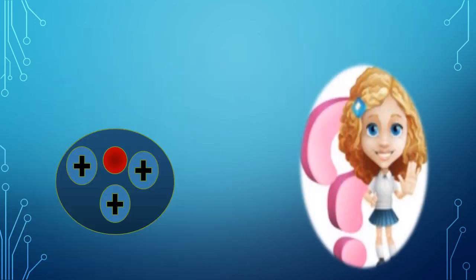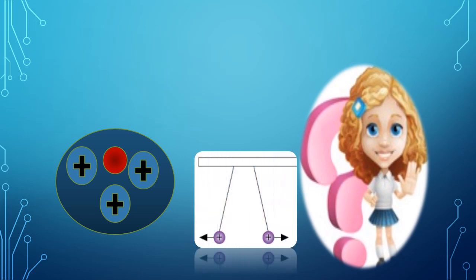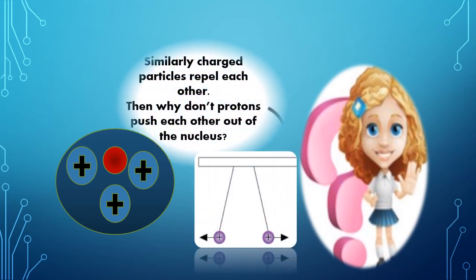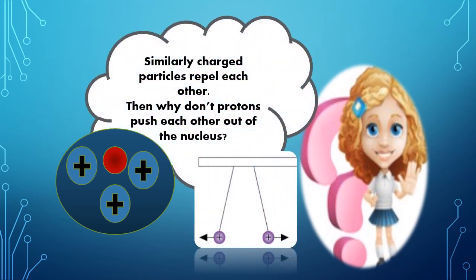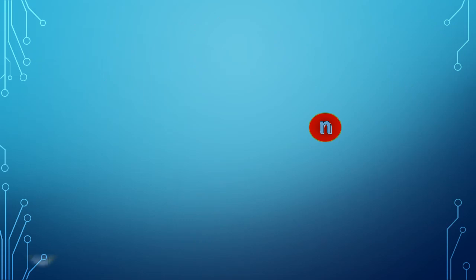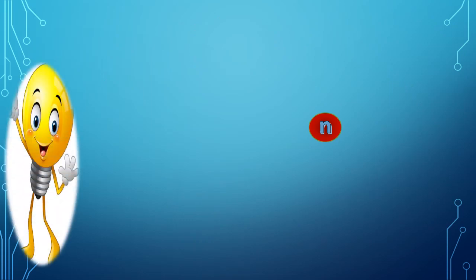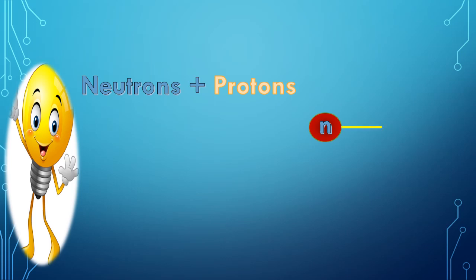Hey Sparkle, I have another question. If similarly charged particles repel each other, then why don't protons push each other out of the nucleus? Hey Ellie, you are asking very good questions today. The answer to your question is neutrons. Inside the nucleus, neutrons and protons are present. There exists a strong force between neutrons and protons.